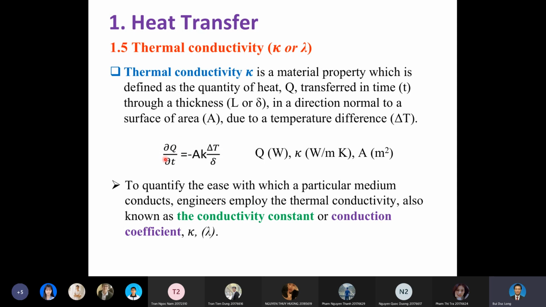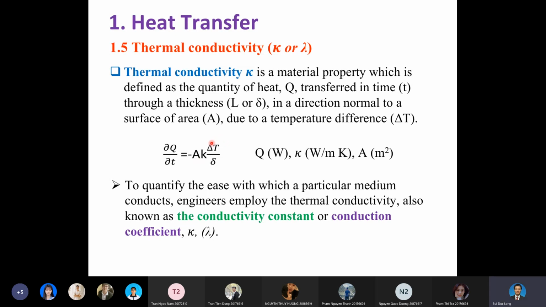This equation means the rate of heat transfer is proportional to area. It means that if we have a big area, the amount of heat transfer will be higher.